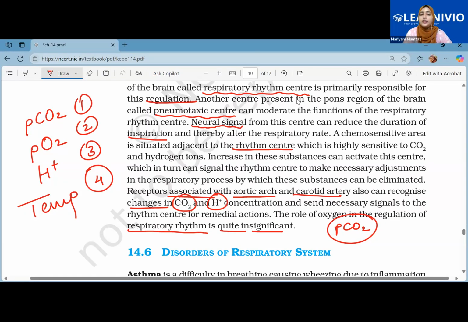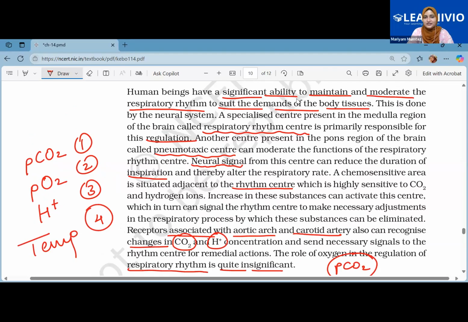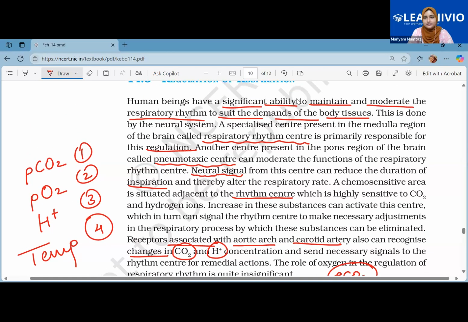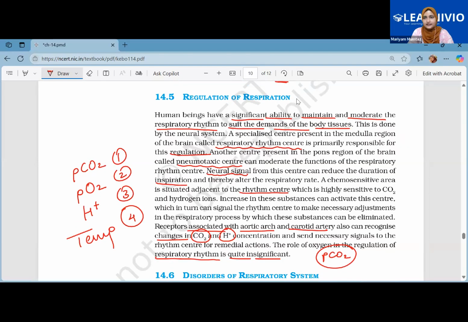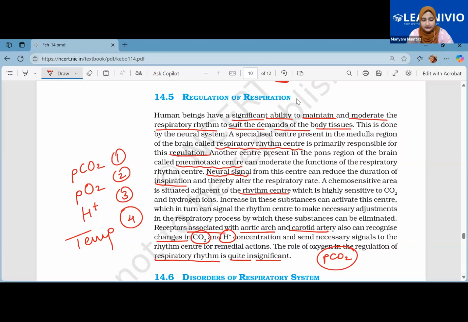Now, you people also open your NCERT book, read this thing, and tell me if there's anything you have not understood. I'll explain again. I don't have. You don't have. Okay, you read the thing that you see on the screen then. And the rest of you who have, you read that.